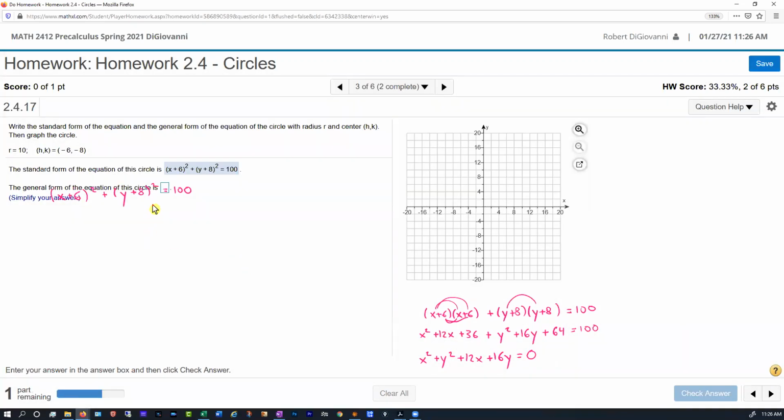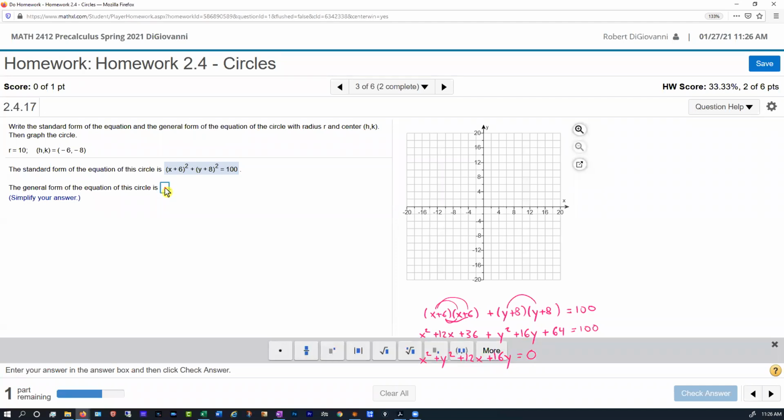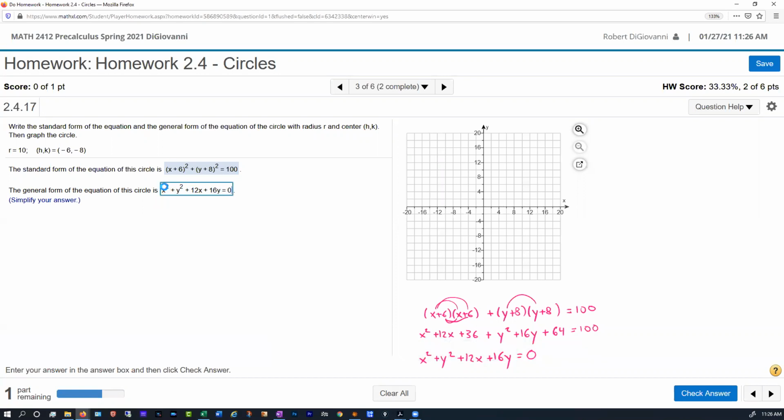And then the general form, let me get rid of that. So the general form is going to be what I had written down there. So x squared plus y squared plus 12x plus 16y equals 0.